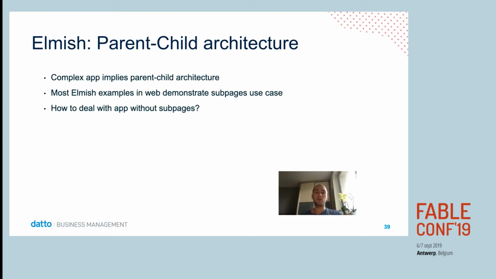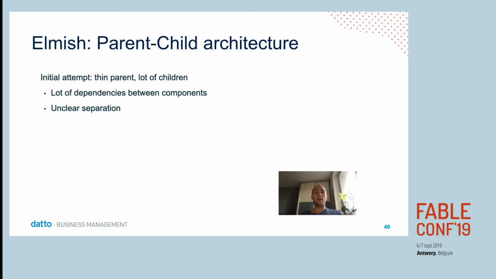But how should we structure the components within parent-child architecture if we're dealing with an app that doesn't use subpages, as is the case for me? My initial attempt at that was to use a really thin parent and lots of children. Basically, there would be a separate child for every single functionality within the application.